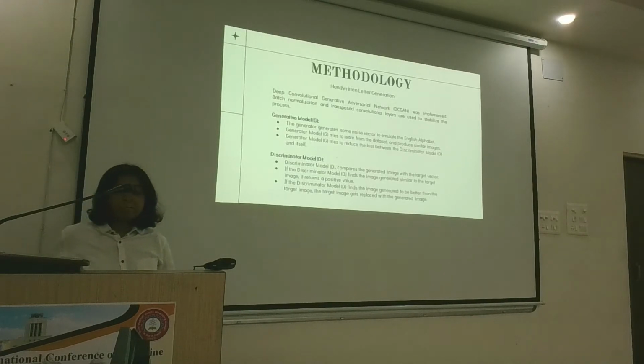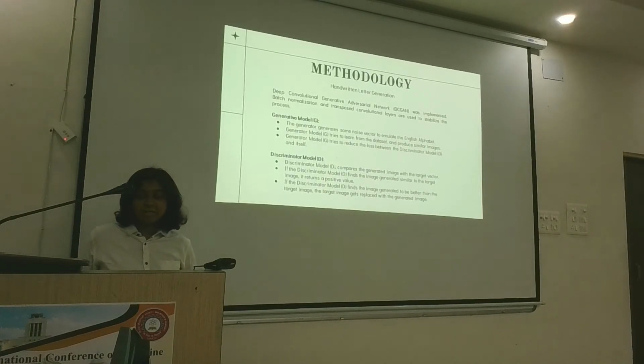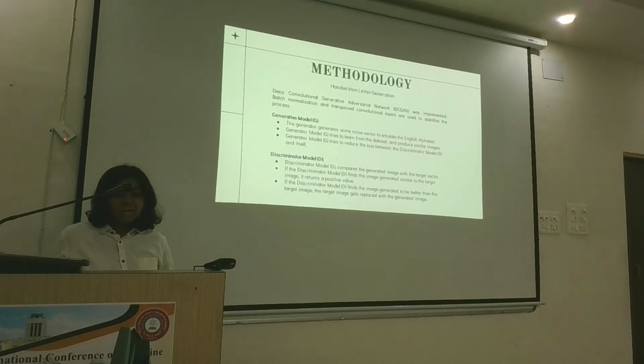Similarly, the discriminator model compares the generated image with the target vector. If the discriminator model finds the generated image similar to the target image, it returns a positive value. And if it finds the generated image to be better than the target image, the target image gets replaced with the generated image.